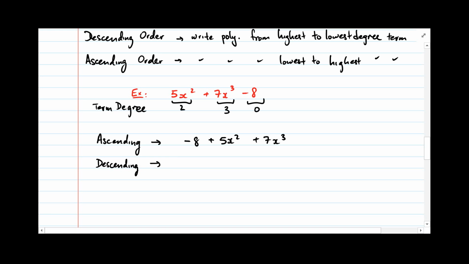Either I could look at that and reverse my setting, or go back to the original and find the highest degree term, which was 7x cubed, 5x squared next, and then minus 8. Now, most times, the preferred order, or the order that we use most often, particularly at this stage, will be the descending order.